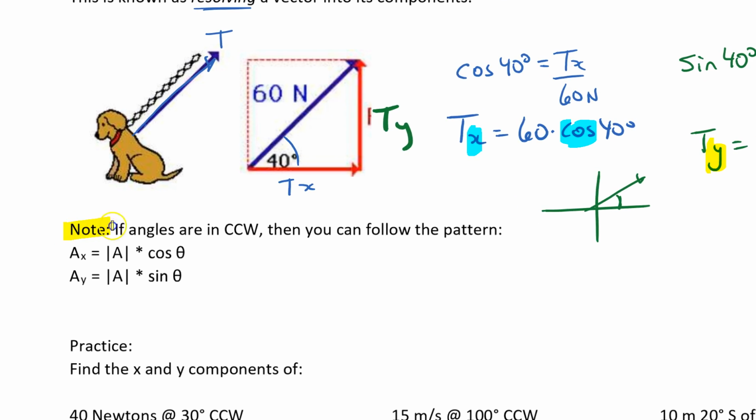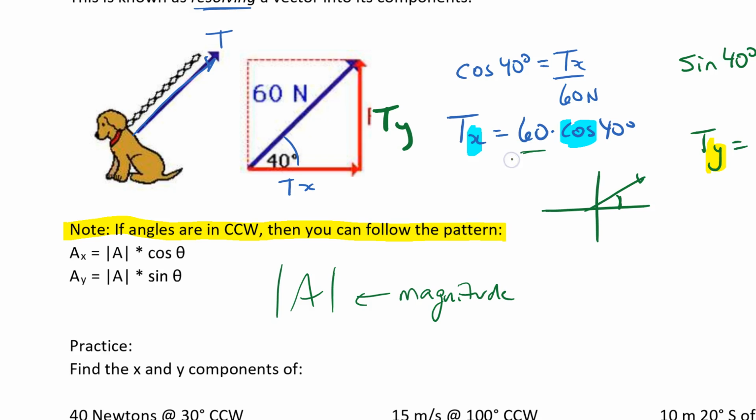I said, note, if the angles are counterclockwise from east, then you can follow this pattern where the x component is equal to the magnitude. That's like the number part. In our example, that would be this 60, because this was the magnitude part of the vector. So the magnitude multiplied by the cos of theta.